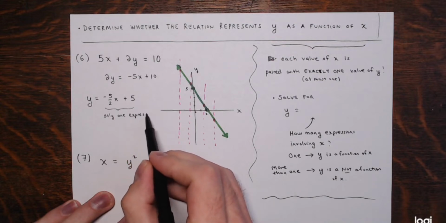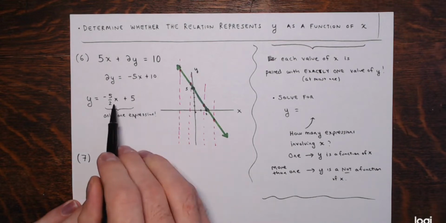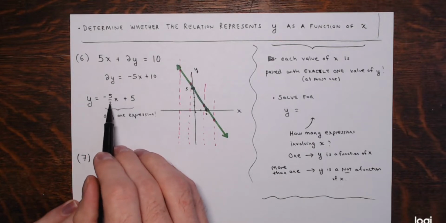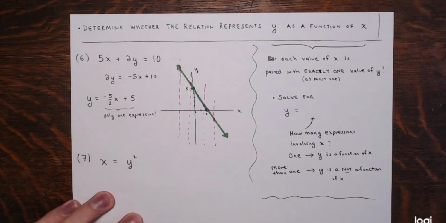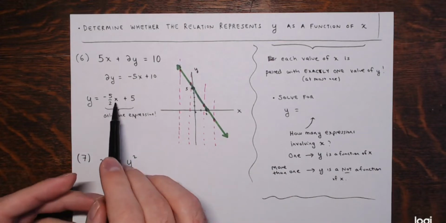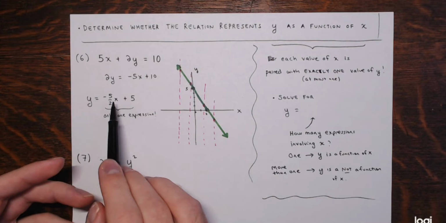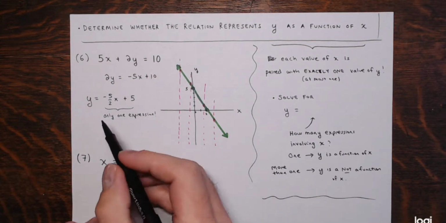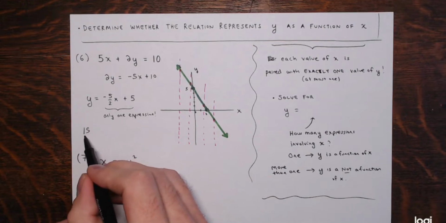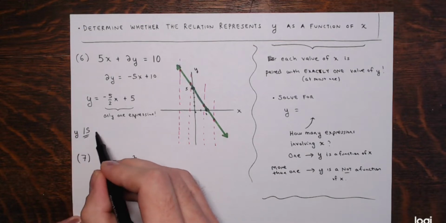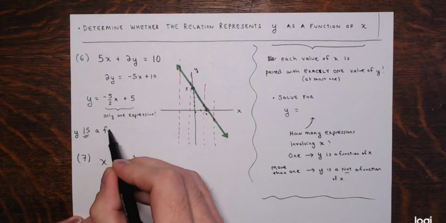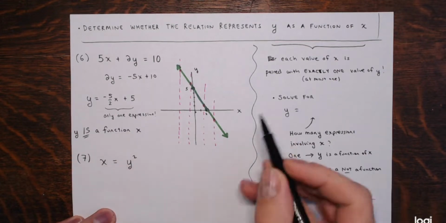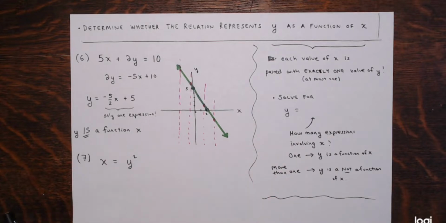You take your value of x, you take your input, you multiply it by negative 5 halves, and then you add 5. That's going to give you one value for your output. So every value of x pairs with just one value of y. So this is a function, because every value of x pairs with at most one value of y. I hope that's clear.